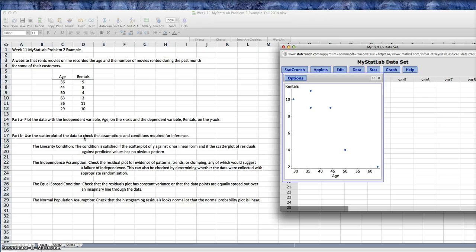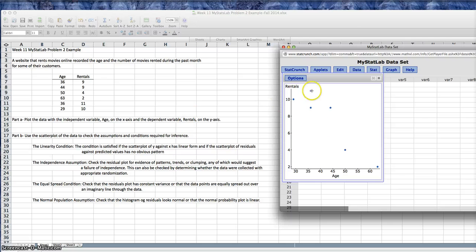And then part B of our problem asks us to use this scatter plot of data to check the assumptions and conditions required for inference. The first condition, the linearity condition, is satisfied if the scatter plot of y against x has linear form and the scatter plot of residuals against predicted values has no obvious pattern.